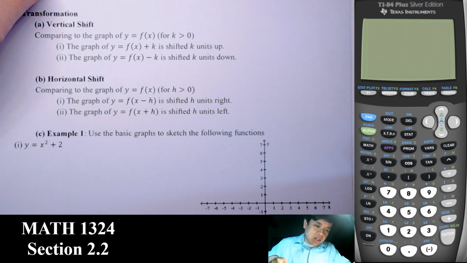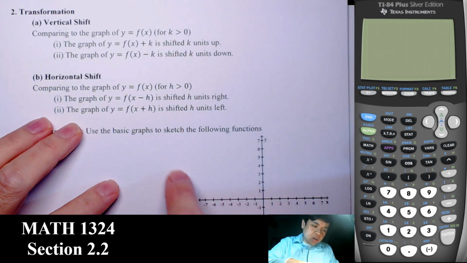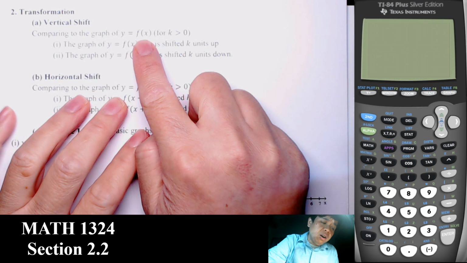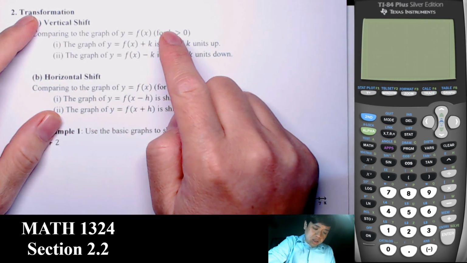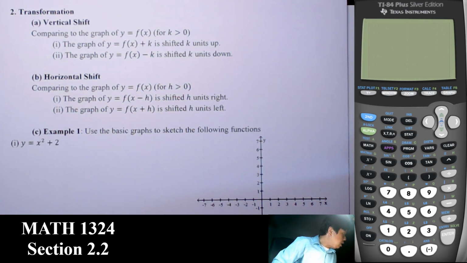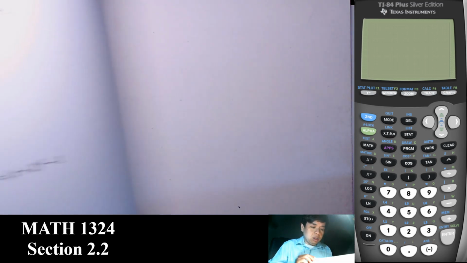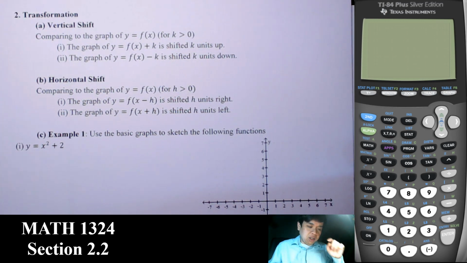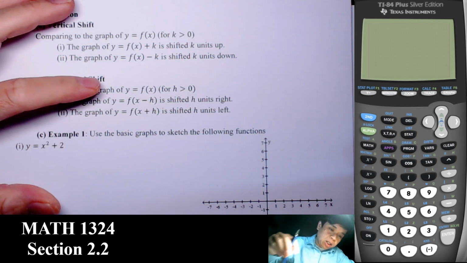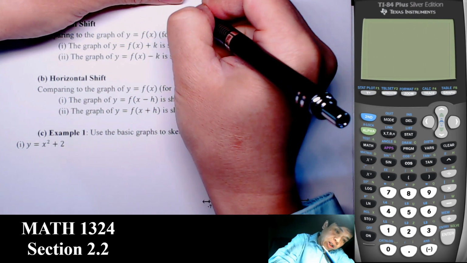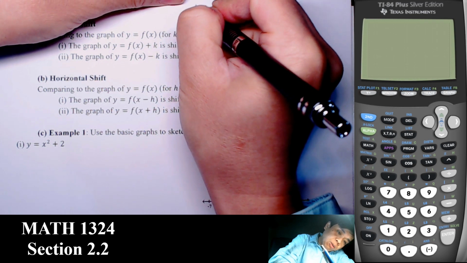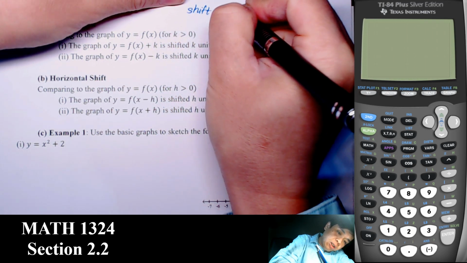There are two different types of transformation, the first two being vertical shift and horizontal shift. Shift in other books is called translation.